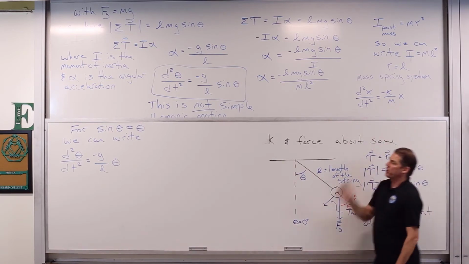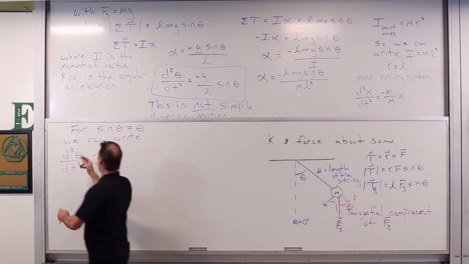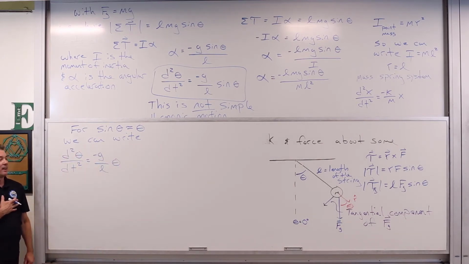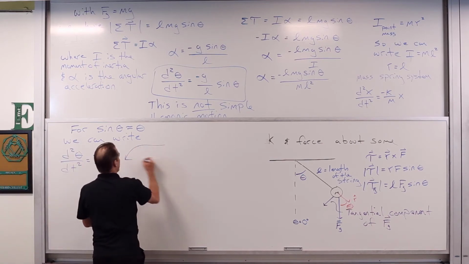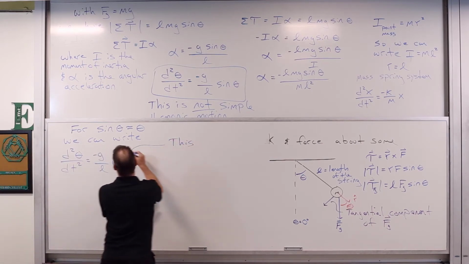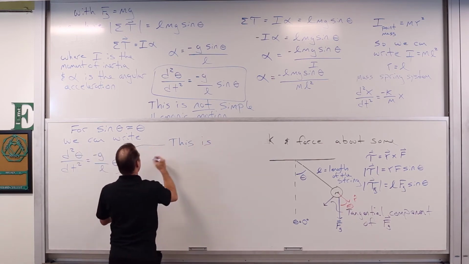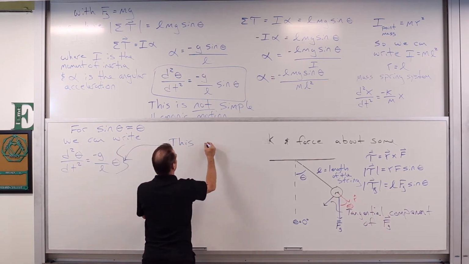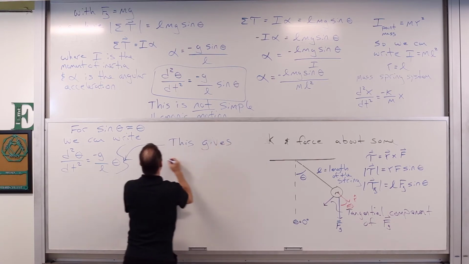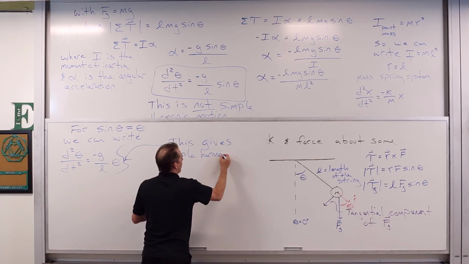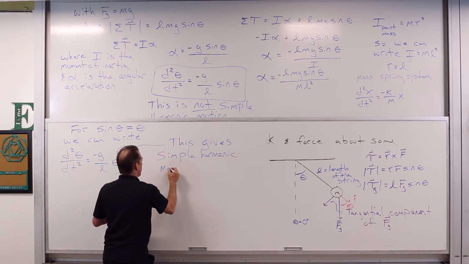We're looking for a function that we take 2 time derivatives of, and we get that same function back with the negative of a constant out front. This gives us simple harmonic motion.